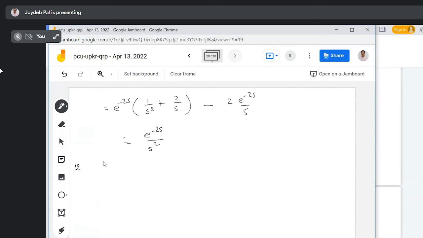Problem number 12. Laplace inverse of e to the power minus 3s divided by s minus 1 whole cube. First of all, you have to think whether we can solve it by any other formula except t shifting.